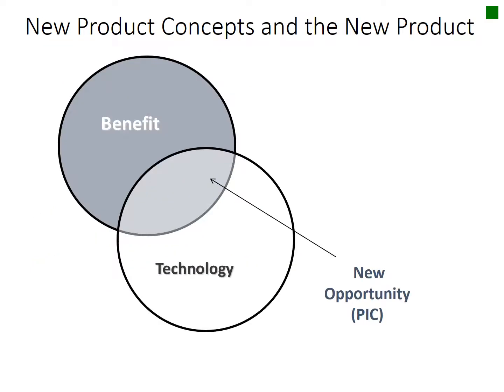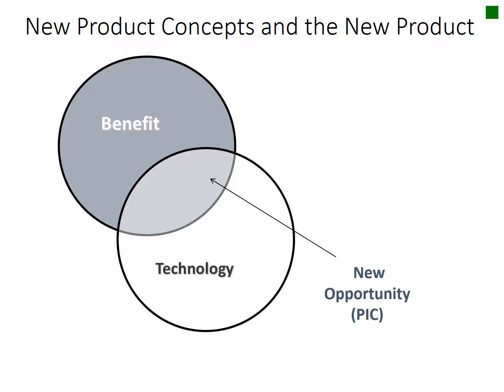In fact, when we look at this diagram, we have the benefit or the need that's being met in the marketplace, and we have the technology or the resource that the firm has. When those two things meet together, we see new opportunities emerge, and that's what we demonstrate and communicate in the product innovation charter.